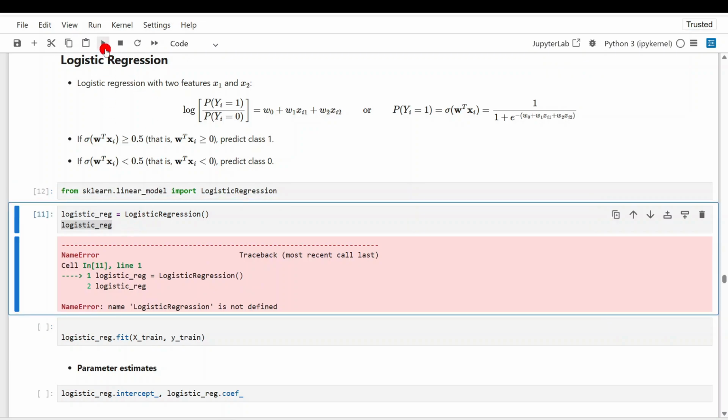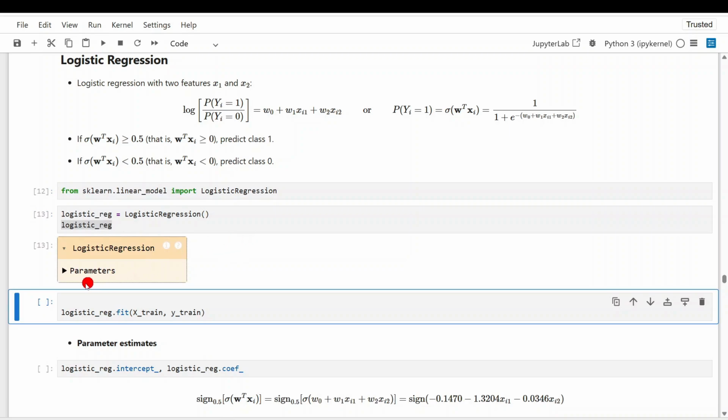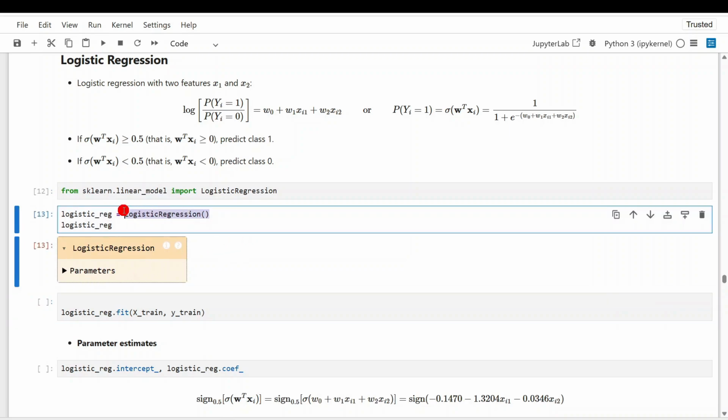Now it is imported. Now the logit model is instantiated. As we have seen before, it is not fitted yet, but we have created a container where our trained model is going to be stored.